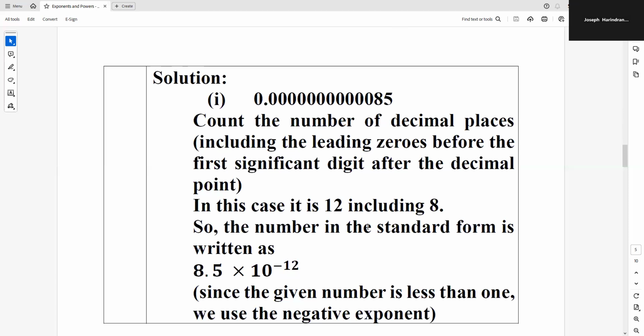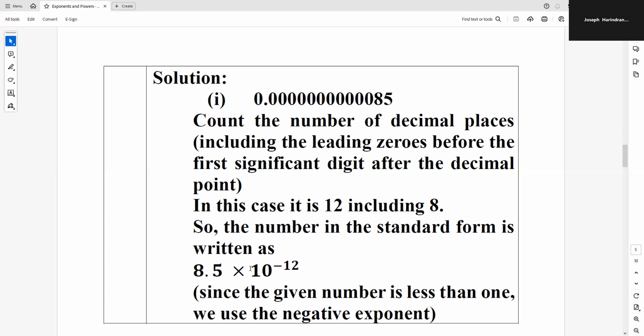The one that comes after 0 is 8. There are 11 leading zeros. Leading zeros are those zeros that come before the significant digit 8. So there are 11 zeros and an 8, so there are 12 decimal places.